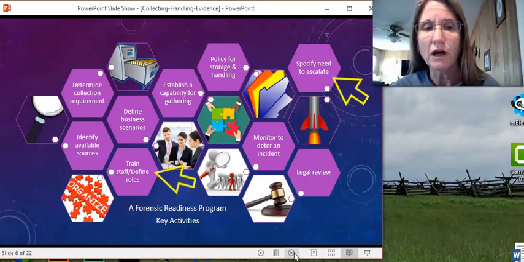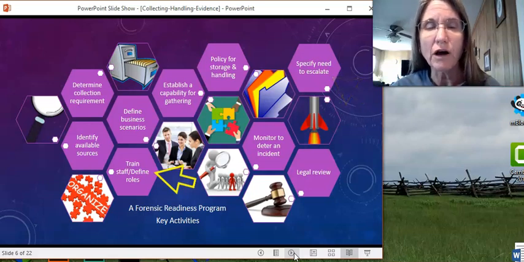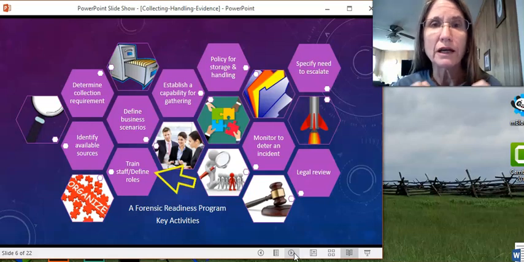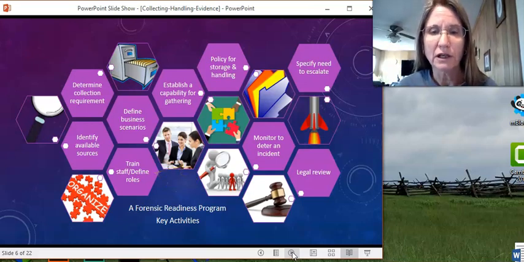Of course, our staff needs training, not only in doing their job day to day, but also in the roles that would be played during an incident.